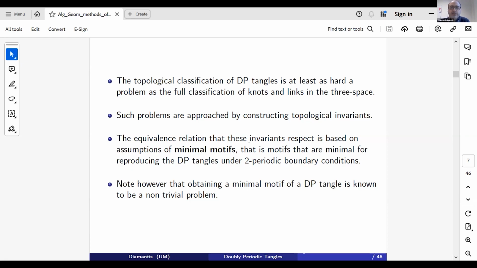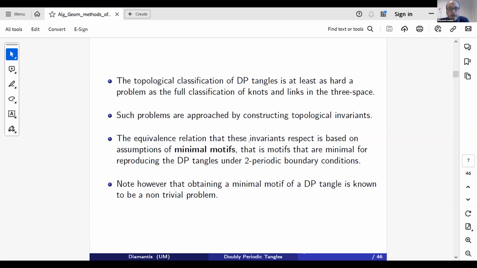Whenever someone wants to classify topological objects, we create invariants, right? Topological invariants. The most famous one is the Jones polynomial for classical knots, and we're wondering whether we can do something like that for deep rectangles. The answer is yes, and it is already being done by Grizanov, I think around 20 years ago, 18 years ago.